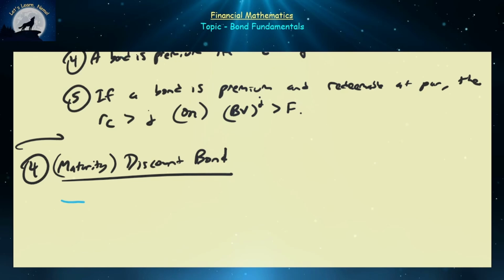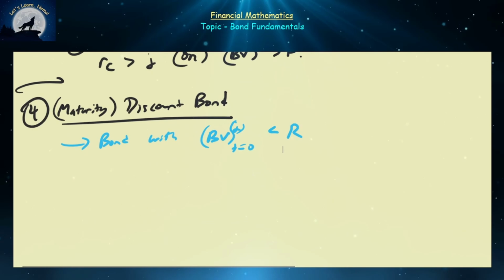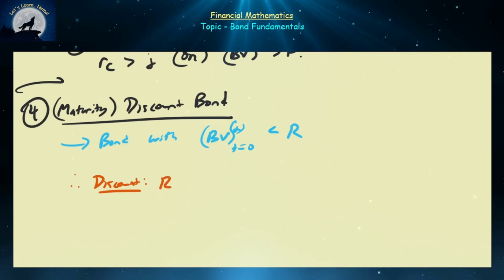This is just going to be a bond with BVJ that is, take a guess, less than R. Premium will be bigger than R, discount will be less than R. Then one can define the discount of this discount bond transaction to be equal to R minus BVJ at t equals 0, because R is the bigger one of the two, so R minus BV will be a positive number.